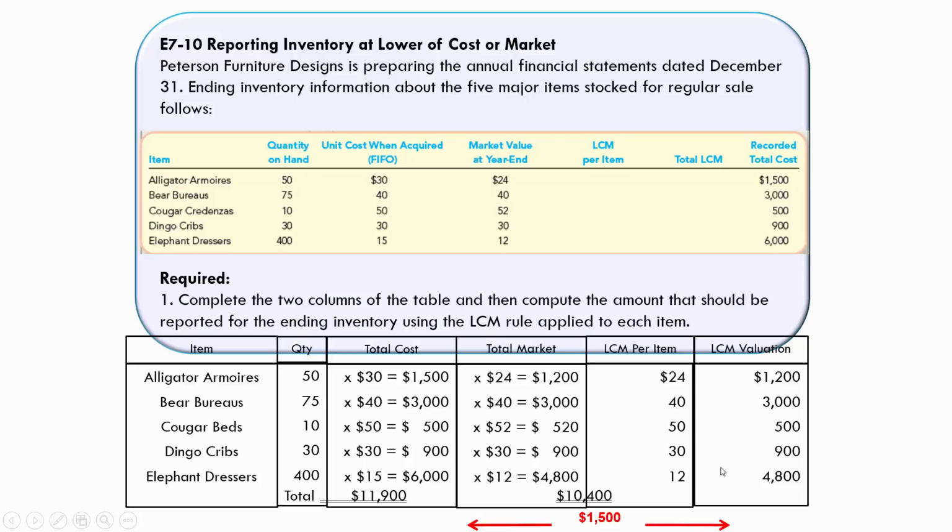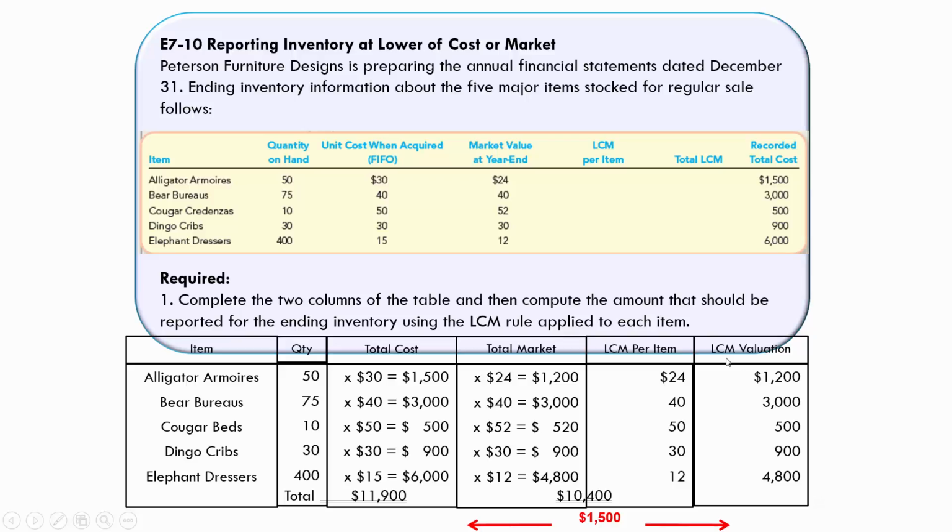And when you calculate this, you can go through and calculate lower of cost or market per item, or you can use the method I just did when we talked our way through it. And again, you're going to see that this is a recorded cost column and this is the LCM calculation. Our problems are with the first one, 1,500 versus 1,200, and the last one, 6,000 versus 4,800.